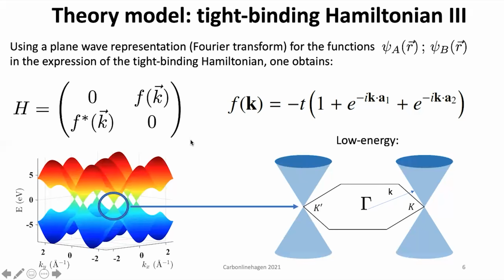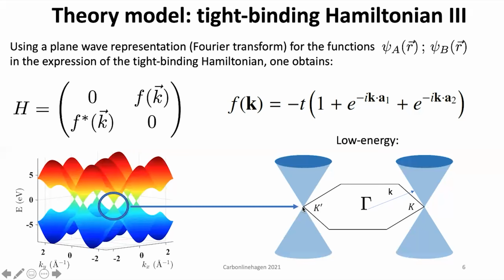These 2 particular points are known as the graphene valleys, and they are represented by the letters K and K prime. And what is even more interesting is that the dispersion around these 2 points is linear, which is very reminiscent of what happens when you study relativistic electrons, the Dirac equation. And when these electrons are massless, the Dirac dispersion becomes linear with a vertex that joins conduction and valence band.